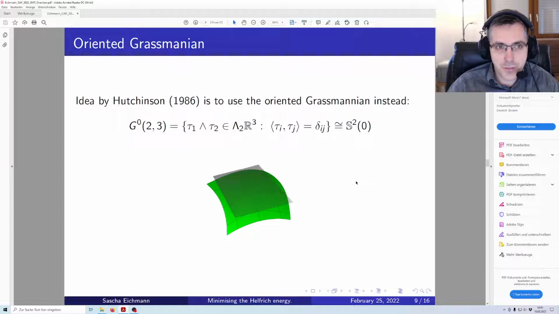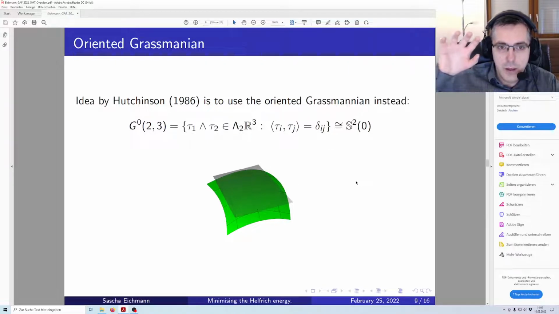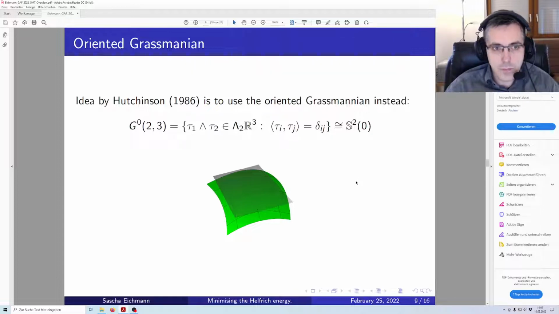And how do we do that? The essential idea is to replace this Grassmannian, so the space of all subspaces, with the space of all orientations. And this idea goes back to Hutchinson, and he essentially looked at the oriented Grassmannian, which is the set of all possible orientations for a two-dimensional subspace in R^3.